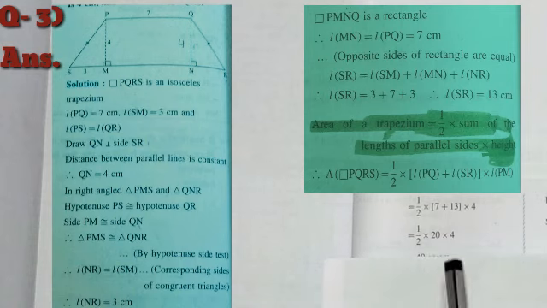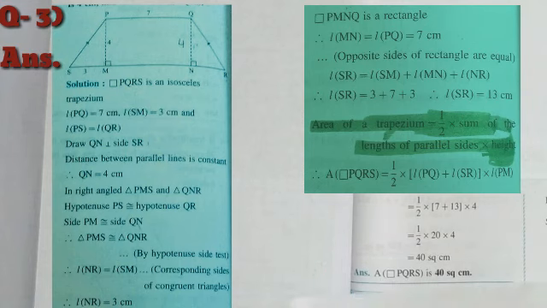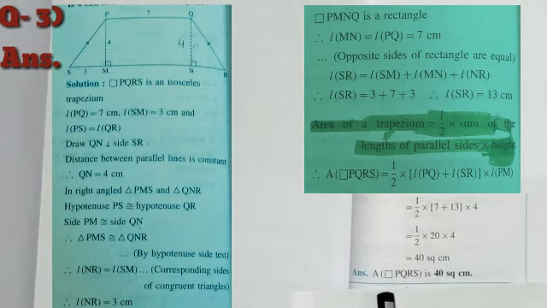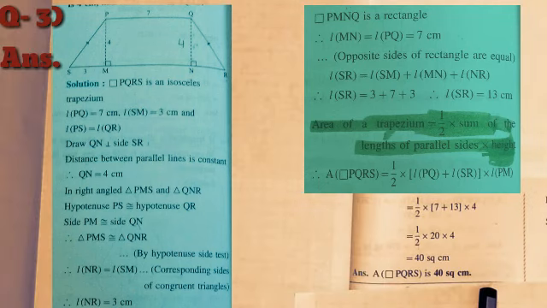So 1 upon 2 into 20 into 4. 2 ones are 2, 2 twos are 4. After doing the calculation, we got the answer, that is 40 square centimeter. Now students, at last we have to write the answer in words, that is area of trapezium PQRS is 40 square centimeter. Got it students?